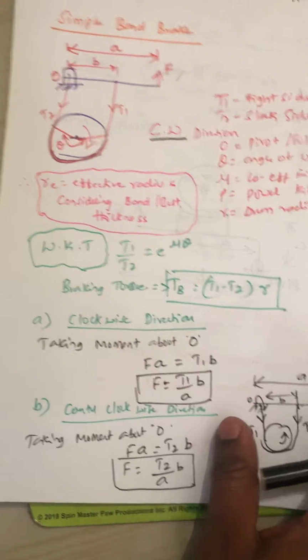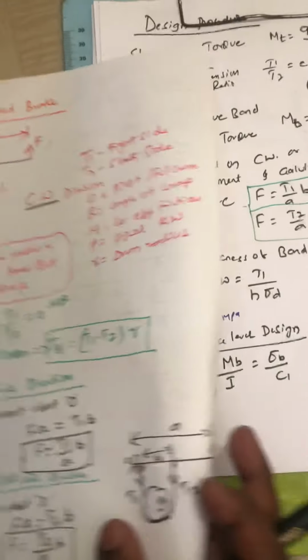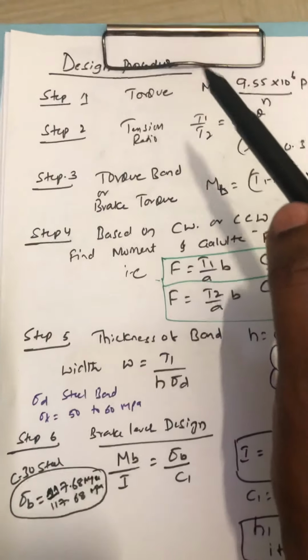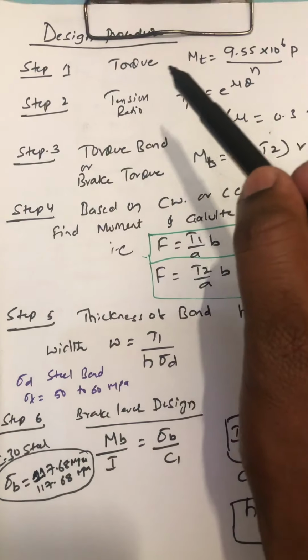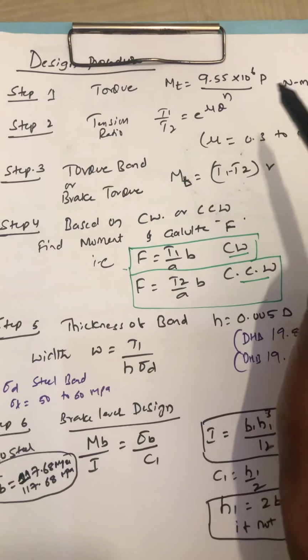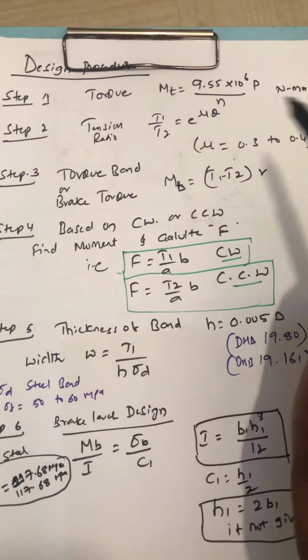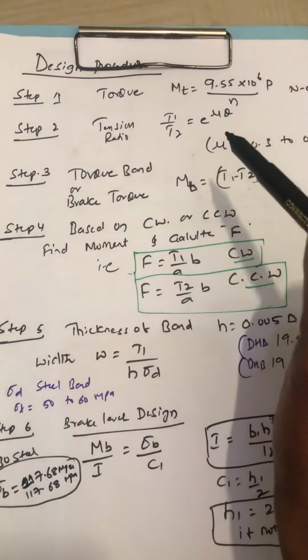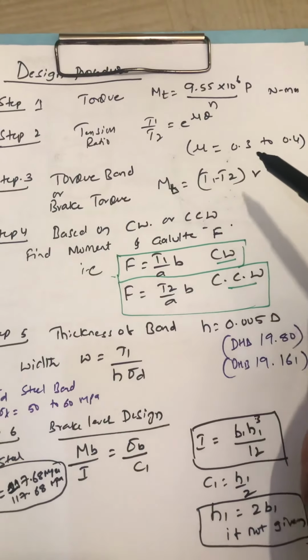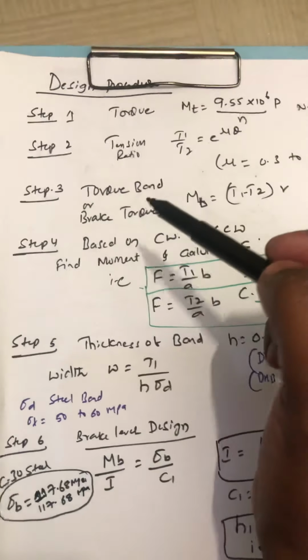Next, we'll go to the design steps. This is the normal general procedure. Step 1, torque: T is equal to 9.55 into 10 to the power 6 into P divided by N, in Newton millimeter. Step 2, ratio of tension. This is a very well known formula, where mu will be around 0.3 to 0.4.